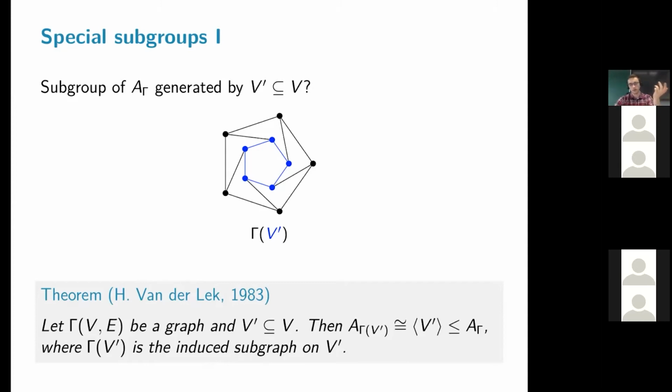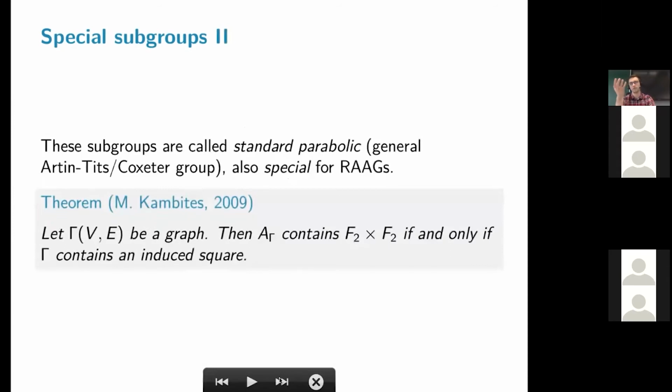Now, why are we interested in these subgroups? Well, first, for right-angled Artin groups, they are called special subgroups due to the way they are constructed. But for general Artin-Tits groups or Coxeter groups, they are also called standard parabolic groups, just giving the name in more generality. So these subgroups can be interesting for two cases.